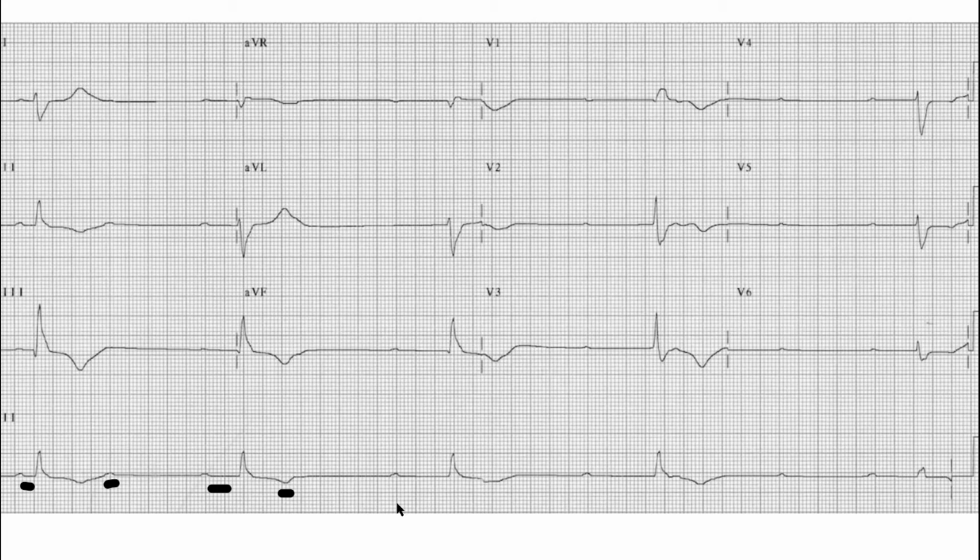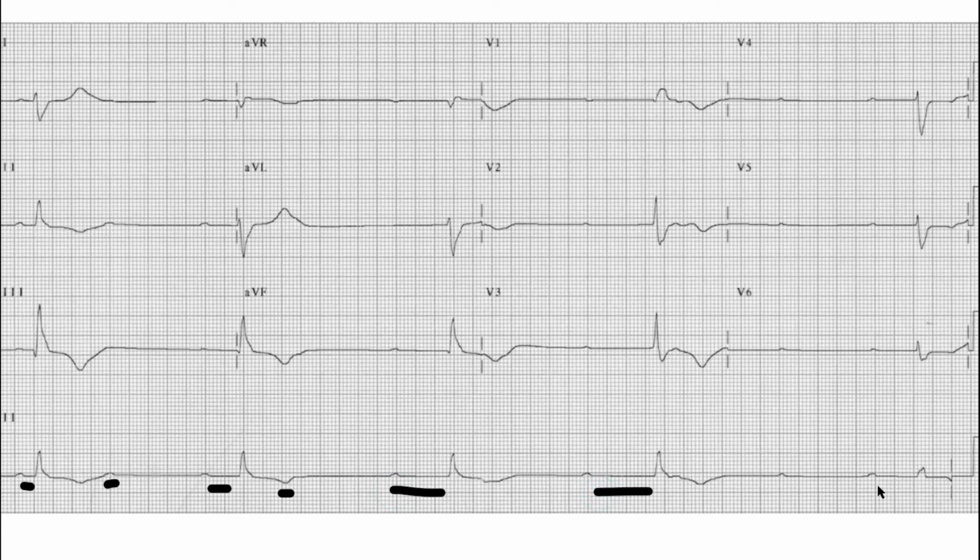In case of Mobitz type 2, we find a constant PR interval with a constant number of P waves followed by QRS complexes. But in this case, the PR interval before different QRS complexes is variable.